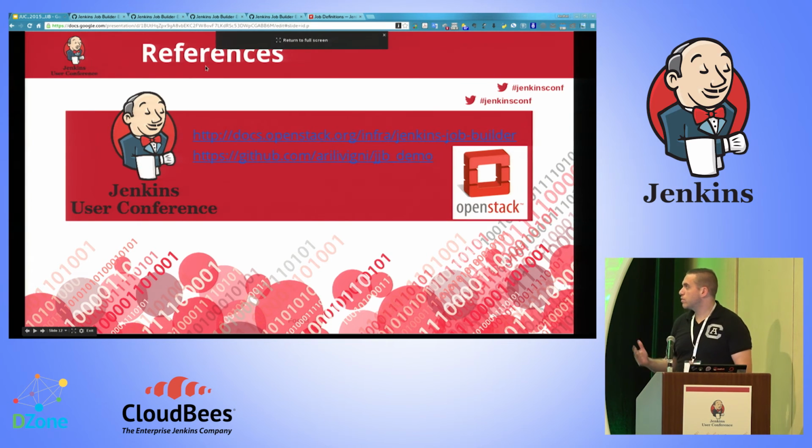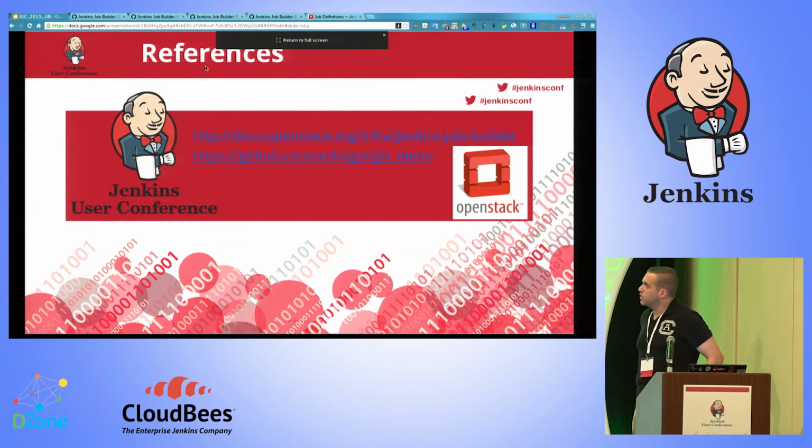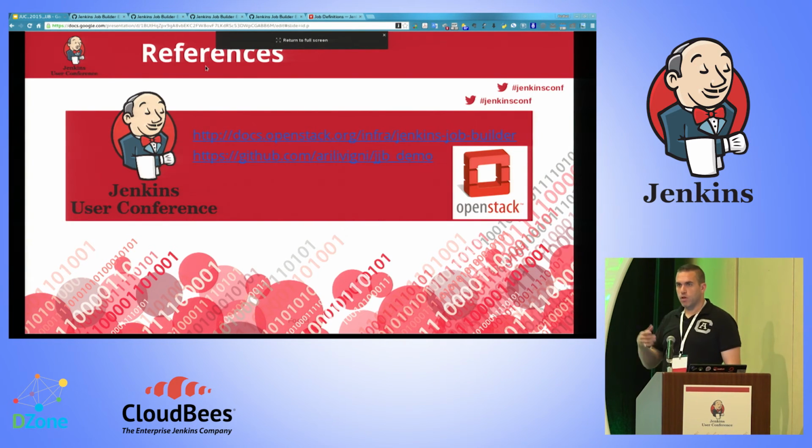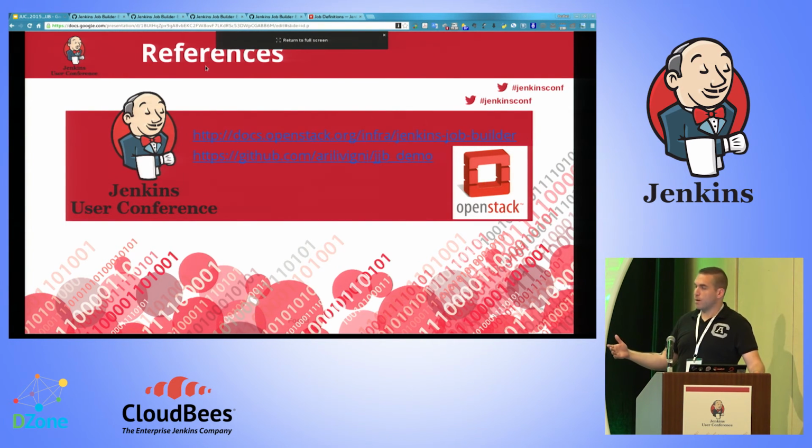So these are some references to the Jenkins Job Builder documentation, as well as the GitHub for this demo. And in the demo, I have all those files that you saw, the Jenkins Job Builder YAML files, as well as a README, and let me see what else I have in there.